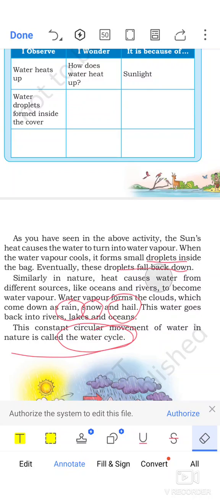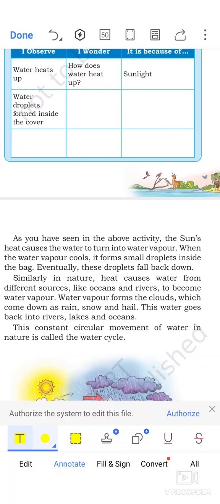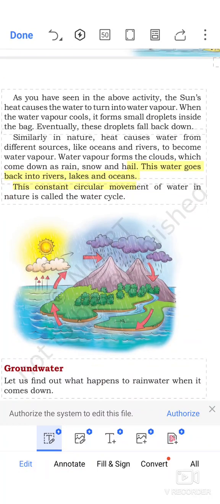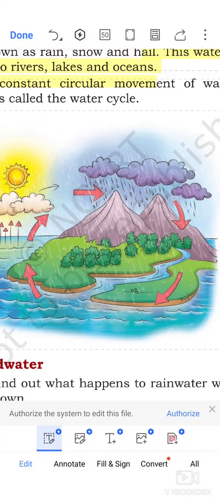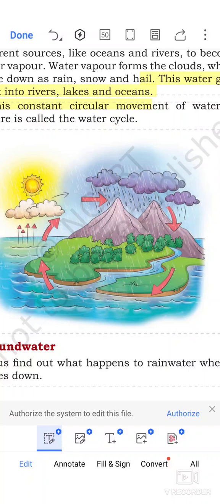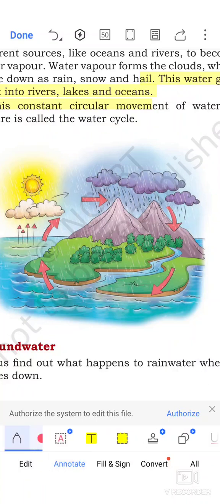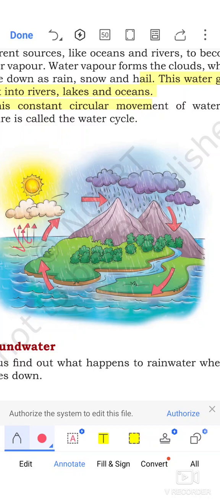Now see here, a clear picture is given. Just see what the steps are which are present in the water cycle. The first one here is vaporization or evaporation.